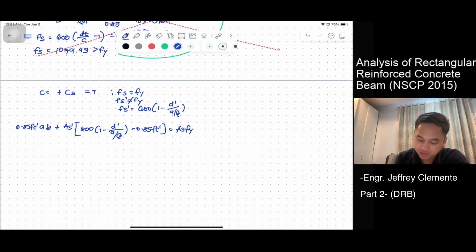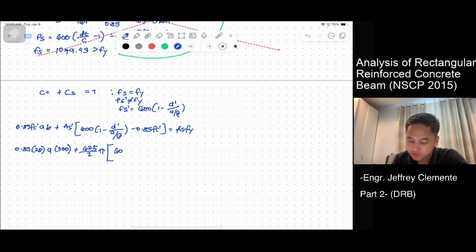So, solving that, gawin nating 0.85, FC prime is 28, A is unknown, B is 300, plus AS prime is 625 over 2, multiply by pi, multiply by 600, 1 minus D prime, which is 65, over A over beta 0.85, minus 0.85 FC prime is 28, equals to AS, 1176 pi, multiply by Fy.